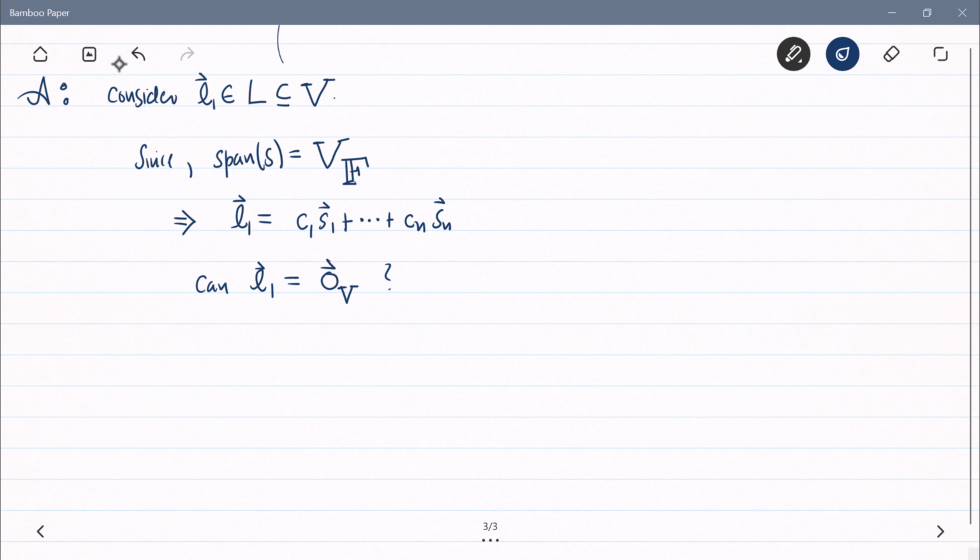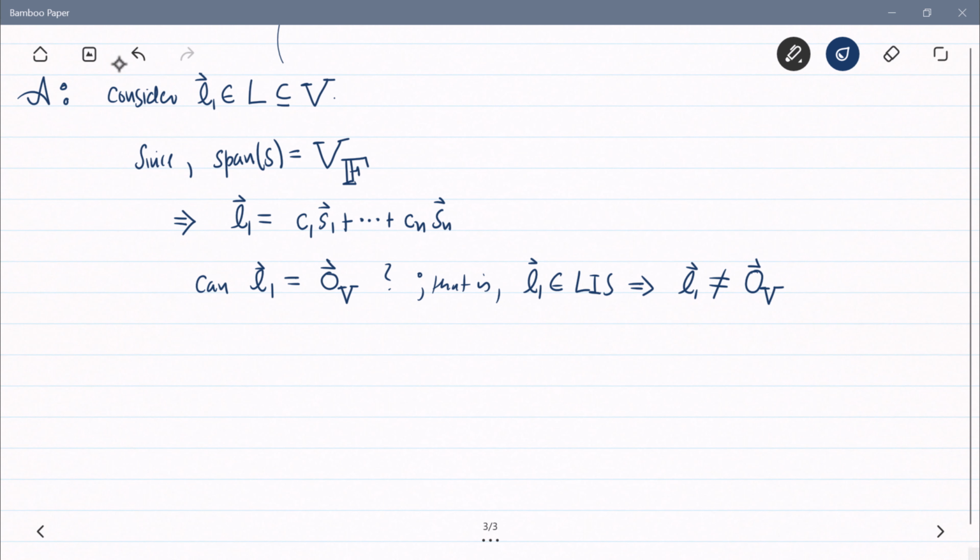If this is the 0 vector, then L is no longer linearly independent, so this cannot be possible. That is, L1 cannot be equal to the 0 vector of the field.